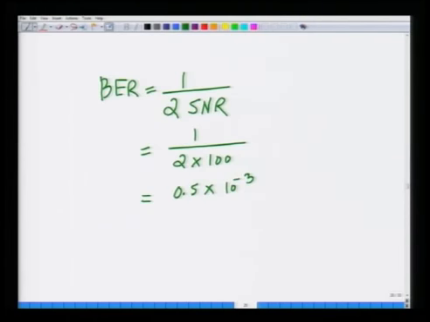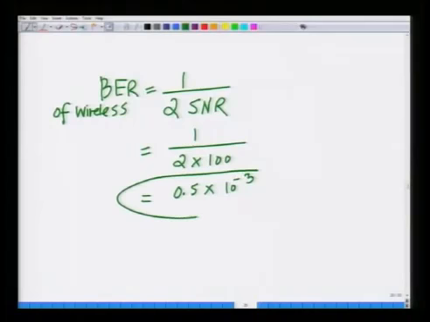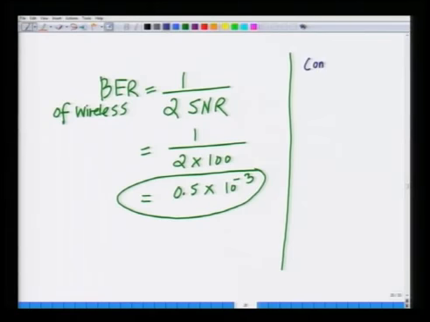So, now we have computed the bit error rate of wireless at an SNR of 100, or 20 dB, and that probability of bit error is 0.5 times 10 power minus 3. Now, compare this with that of a wired communication system.